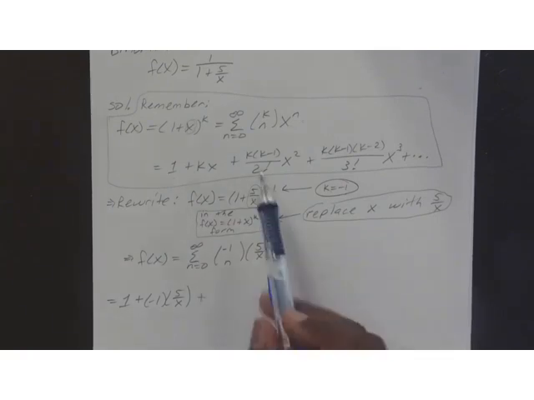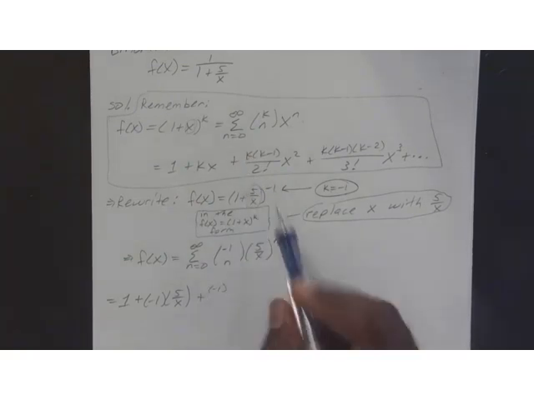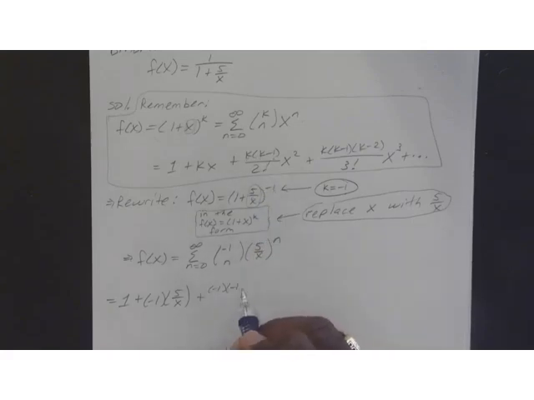Plus, you have -1 times k minus 1 just becomes -1 minus 1, divided by 2 factorial. And that x squared becomes 5 over x squared.